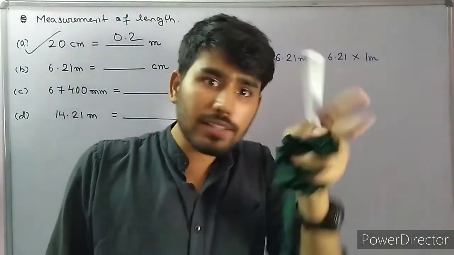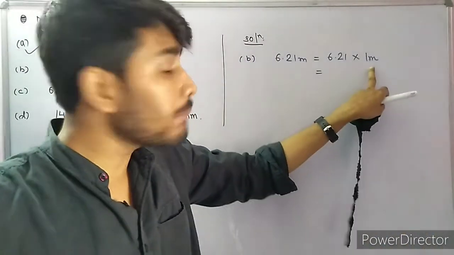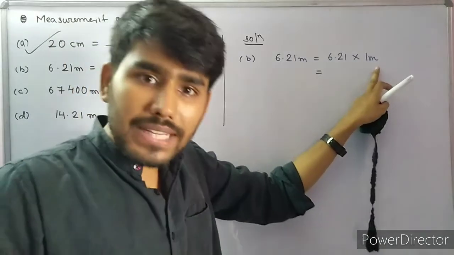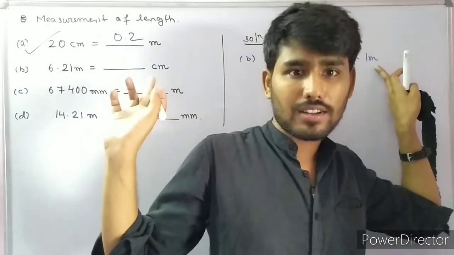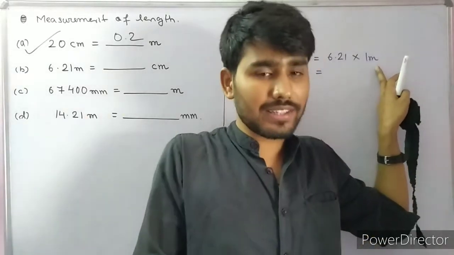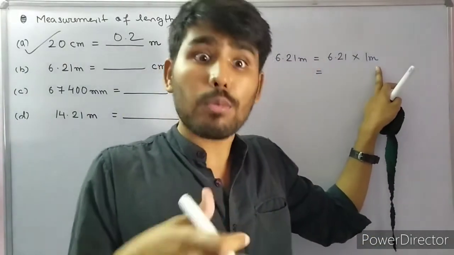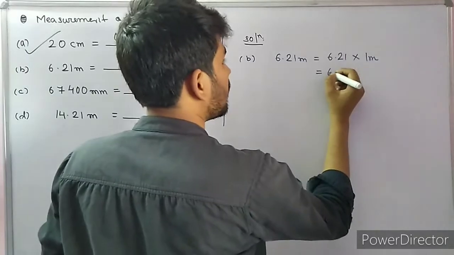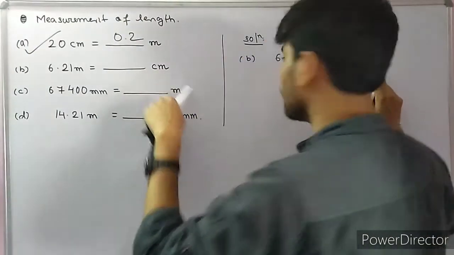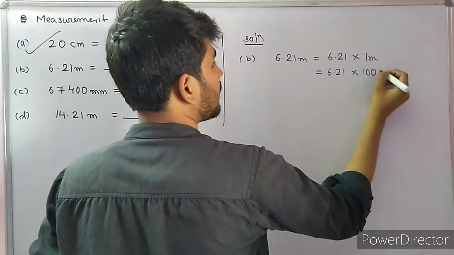We know that centimeter is a smaller unit, but meter is a bigger unit. Meter is a bigger unit of centimeter. How much bigger? 6.21 into 100 centimeter.